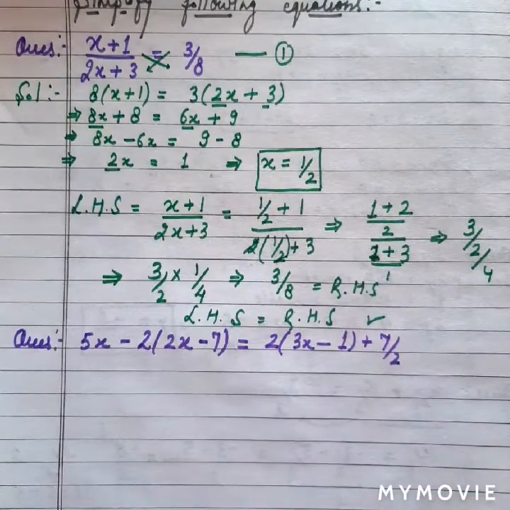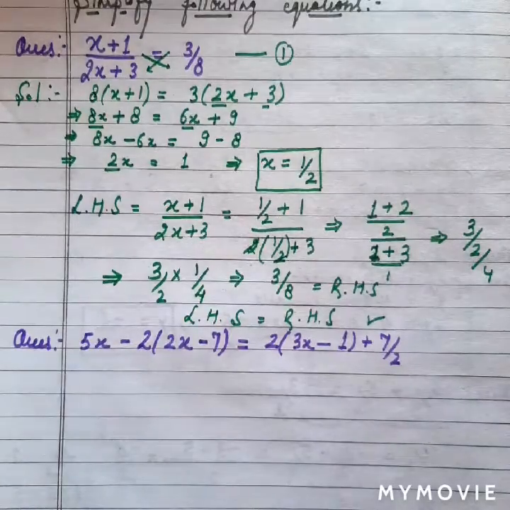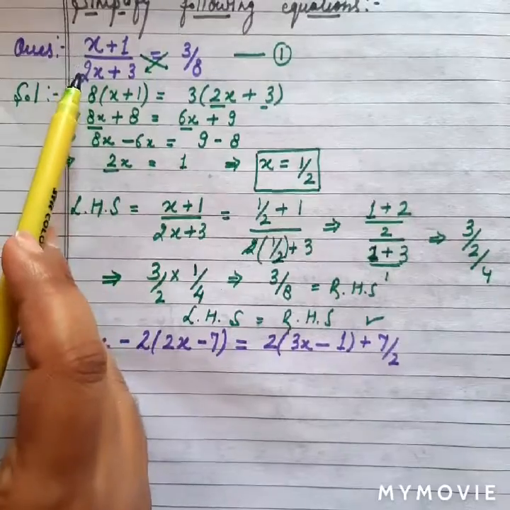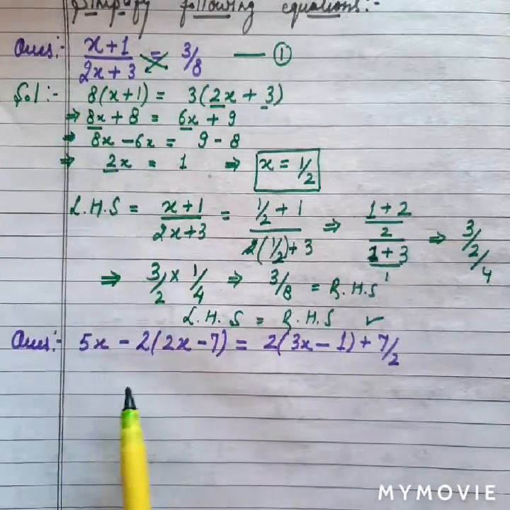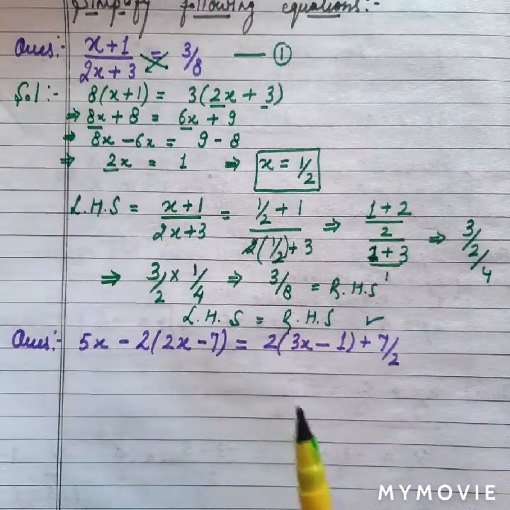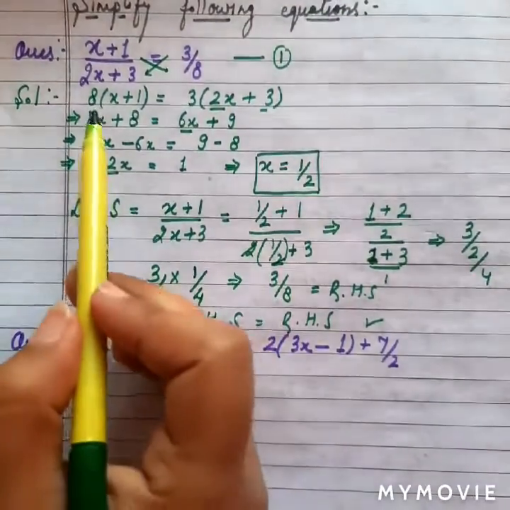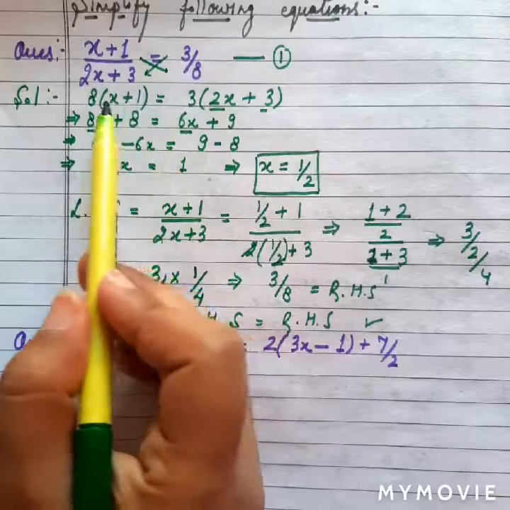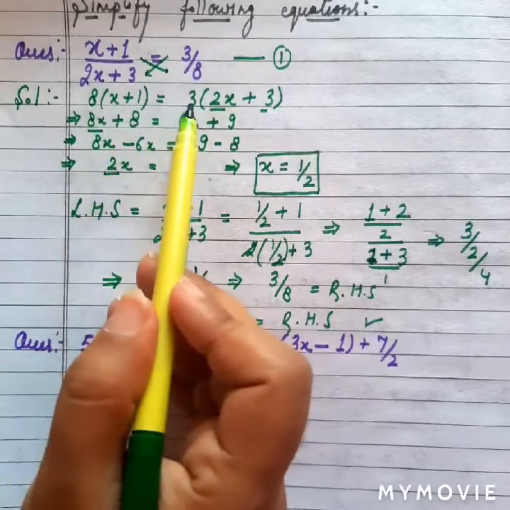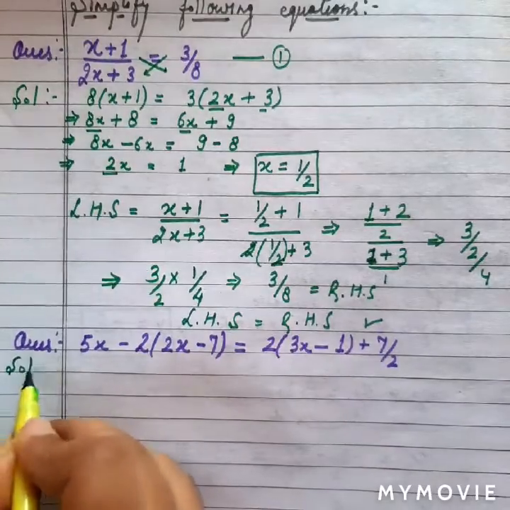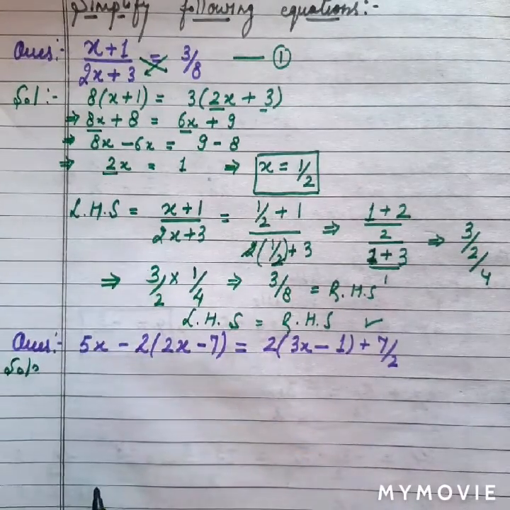So in the same way our first step would be to cross multiply, but here we do not have anything like numerator or denominator, so we will not require cross multiplication over there. The second step after cross multiplication was just to open the brackets and solve the equation in the same way. What we will do, we will open the brackets, right?